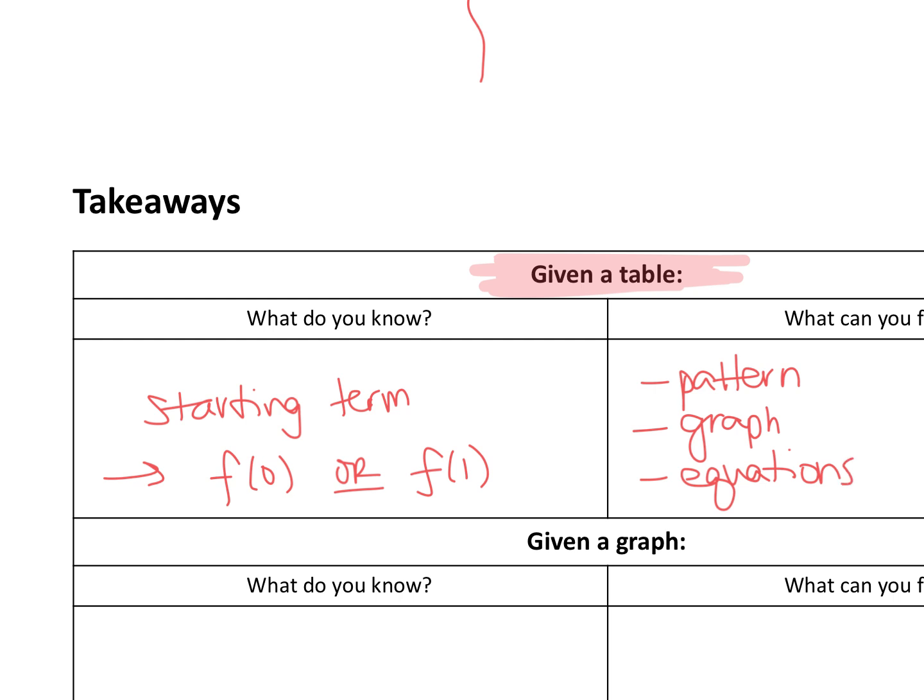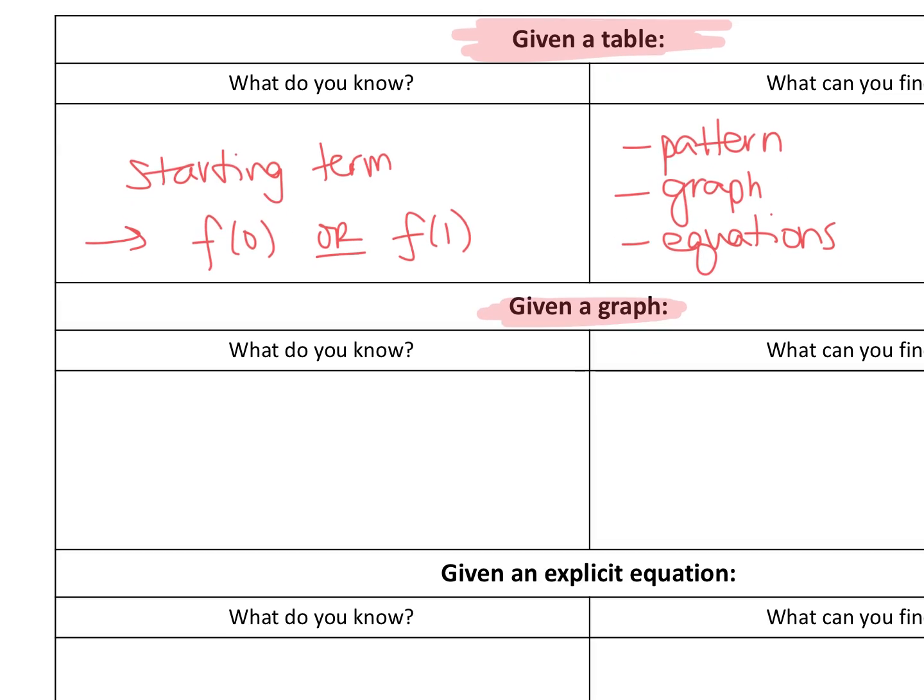Okay, let's say they give us a graph. From the graph, it's really easy to pick out the type of sequence. So that's really easy to see. If you have a straight line pattern, it's arithmetic.